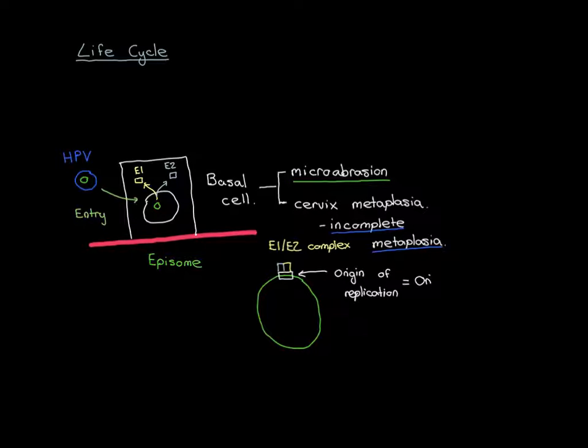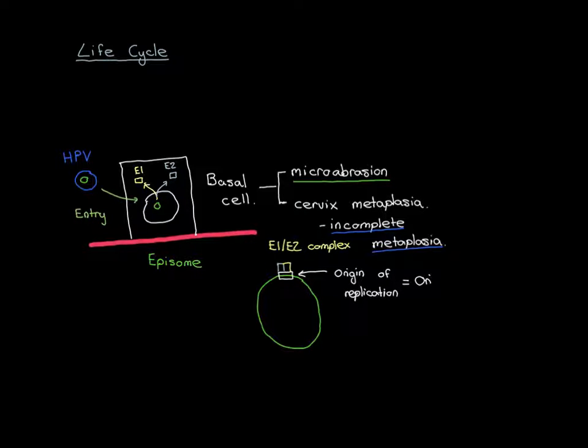So it still requires, however, the host cell DNA polymerase machinery to be active. So therefore it requires the basal cell to divide. And I just want to repeat this message because it is so important. The virus does not code its own DNA polymerase. Lots of viruses do code their own DNA polymerase to get round this problem that the human papillomavirus faces.